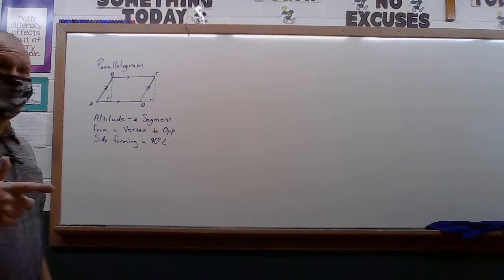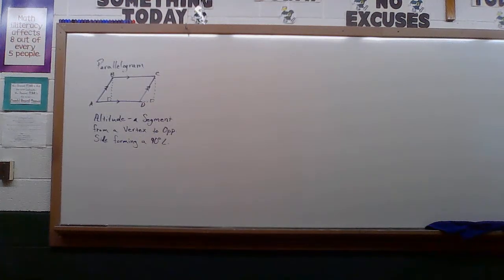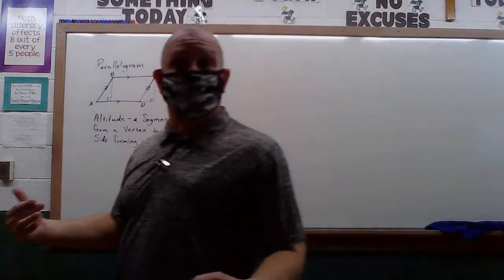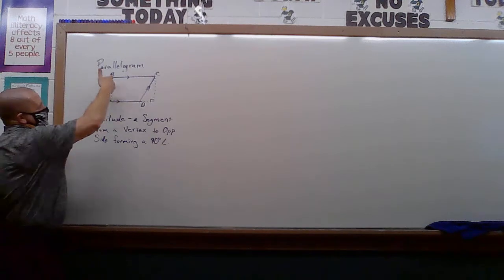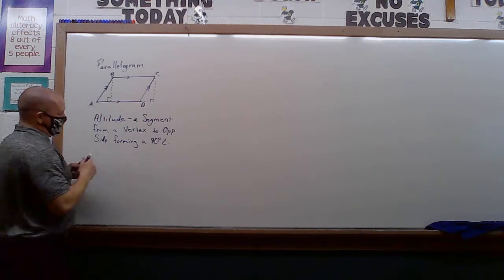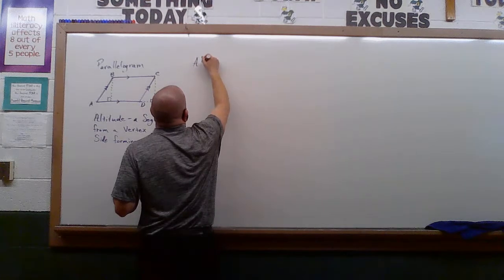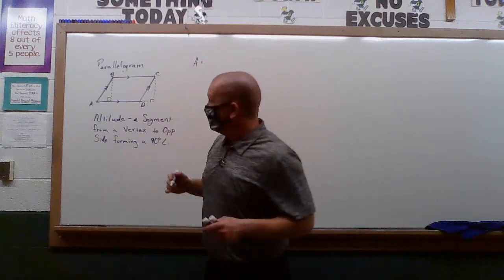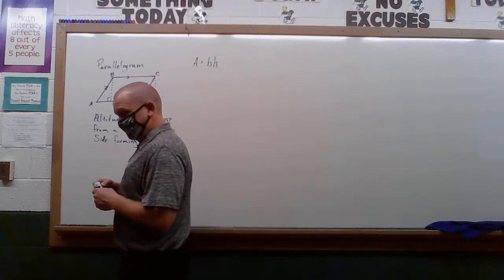If you're going to find the area of a rectangle, how would you find that? Length times width, right? Because we always know that they're straight. Well, now, instead of calling the width, we're going to call it a height. And what it's sitting on is my base. So the area is equal to the base times the height.